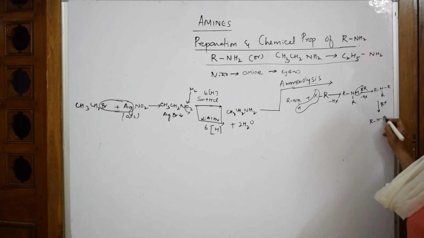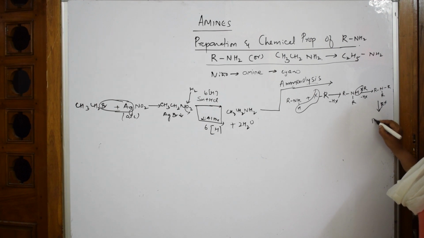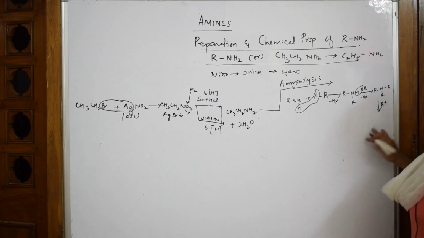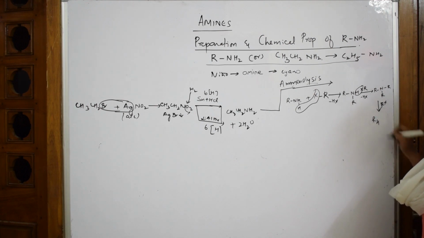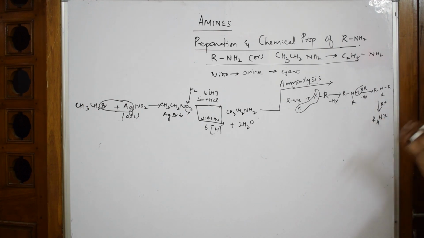It's going to add to this nitrogen, like it's going to form a compound called R3. No, it is R4, isn't it? Sorry, it is R4 NX, quaternary ammonium salt. This is the main concept. It's going to form quaternary ammonium salt also.